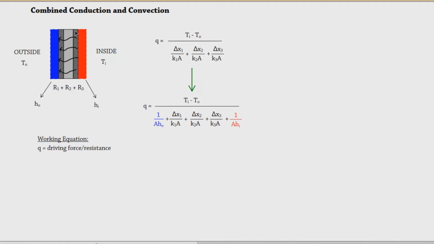That's actually the same area as these slabs. Now, why are we using the same area? Since we're considering the heat transfer in this slab, it is logical to use the area that is in contact with the inside fluid, and the area that is in contact with the fluid is simply the area of this slab as well.